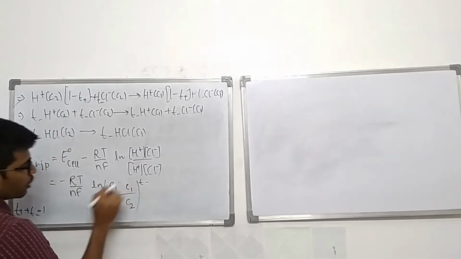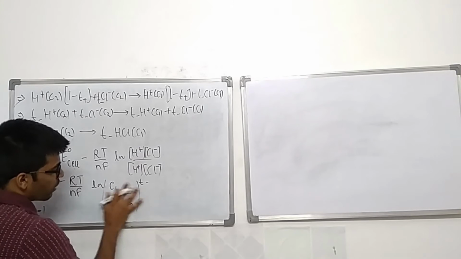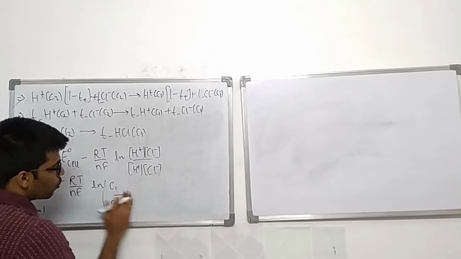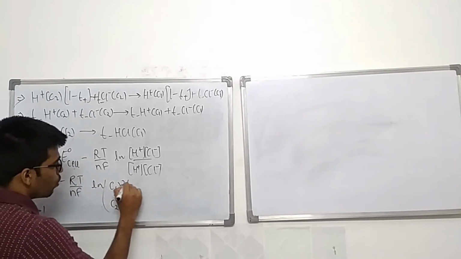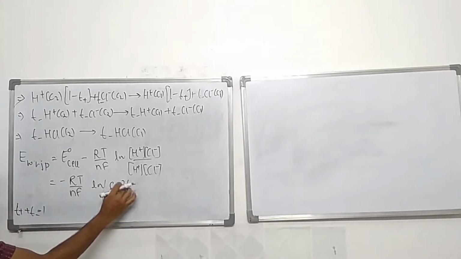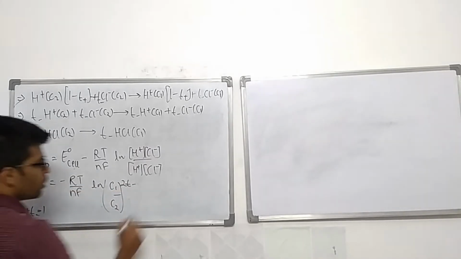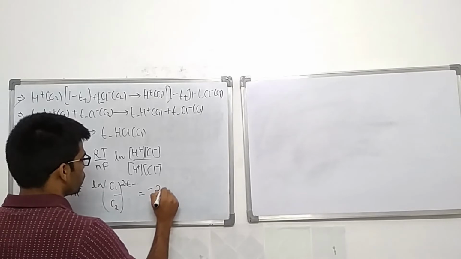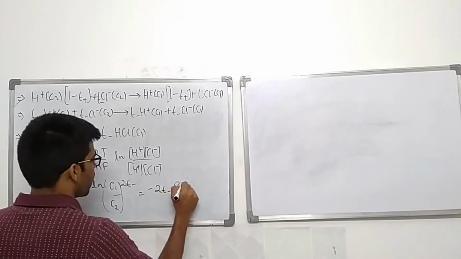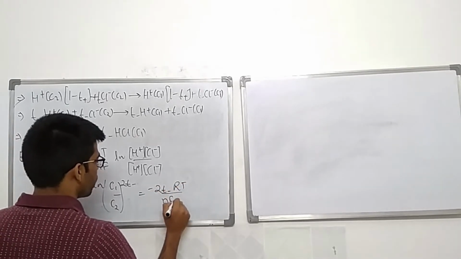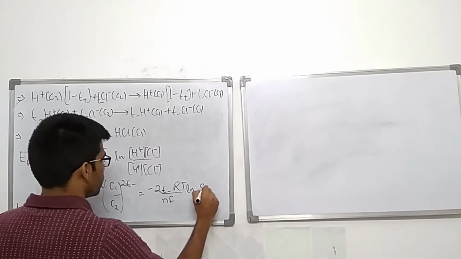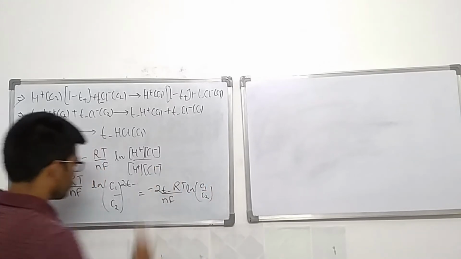Now since it is C1 into C1, it will be C1 square. So I can further reduce this to write it as 2T minus. Now this 2T comes in the front because of the log. So I will get minus 2T minus RT by NF ln C1 by C2.